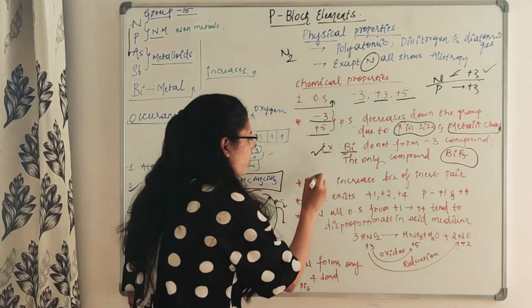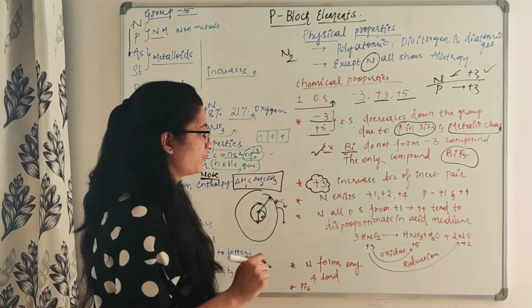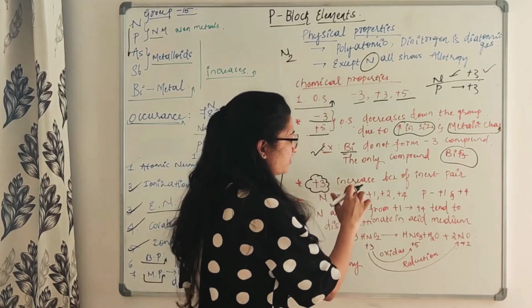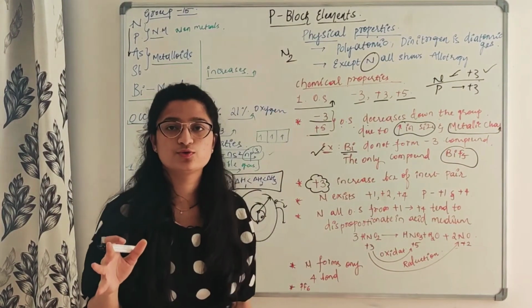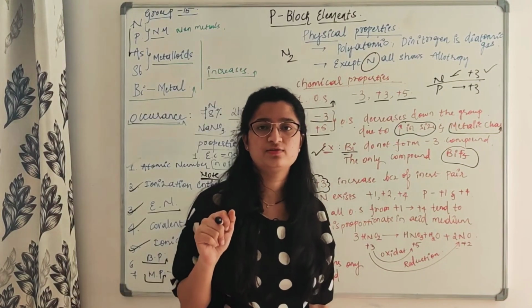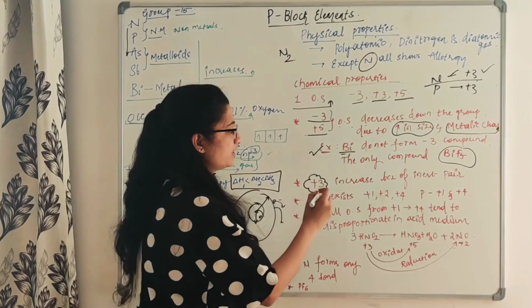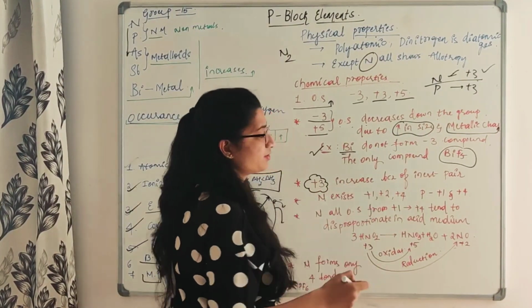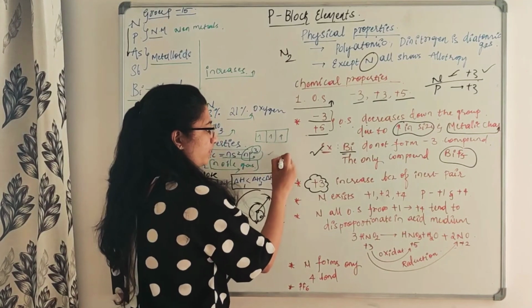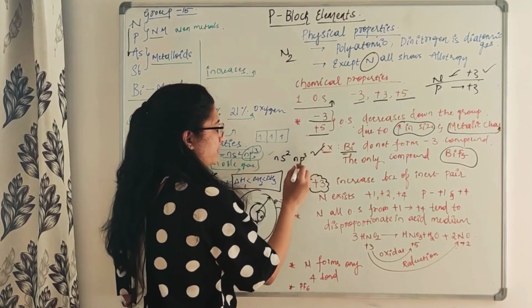Now, coming to the +3 oxidation state. The +3 oxidation state increases because of the inert pair effect. In the first part of this, I have explained what the inert pair effect is. Why is it so? Because here ns2 is there and then np3 is there.